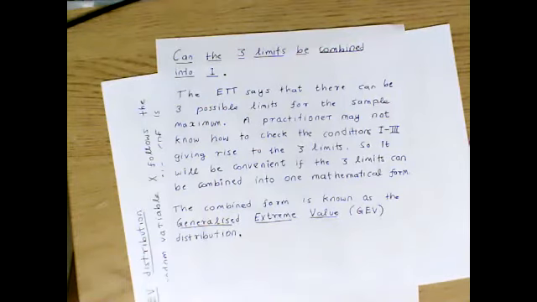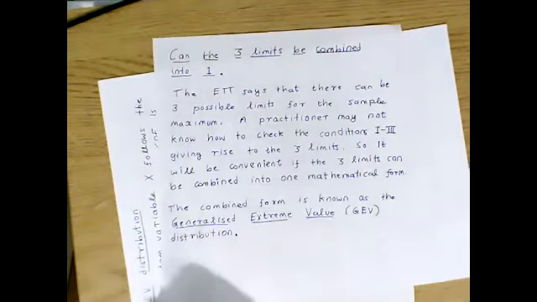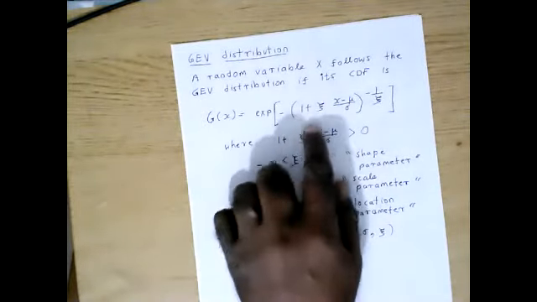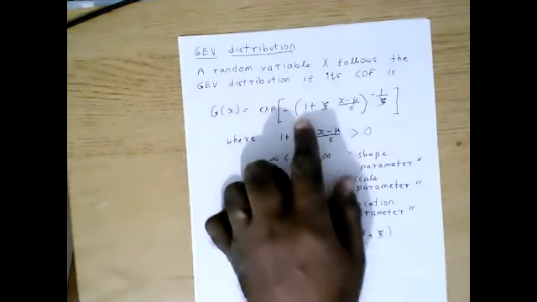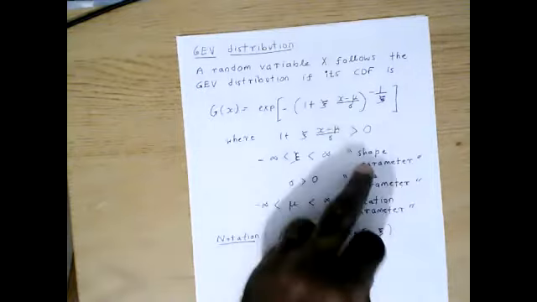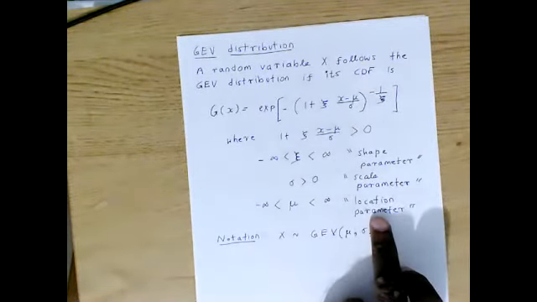And that formula is known as the generalized extreme value distribution, and is given by this following expression here. So this is the CDF of the generalized extreme value distribution. It has three parameters: the shape parameter, the scale parameter, and the location parameter.